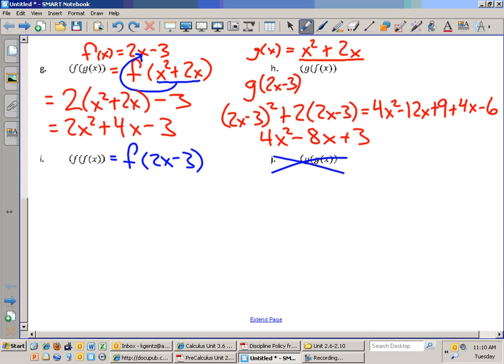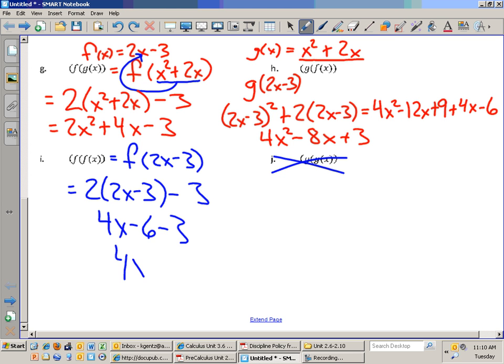So you can plug the 2x minus 3 in for x, and you would get 2 times 2x minus 3 minus 3. Or 4x minus 6 minus 3, which is 4x minus 9. Any questions on that? Going once, twice, thrice, flip it over.